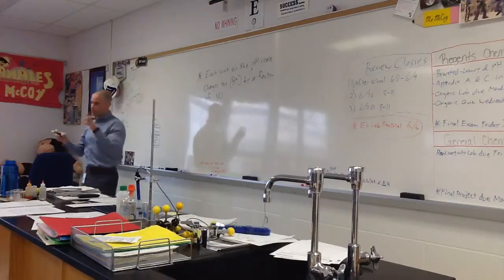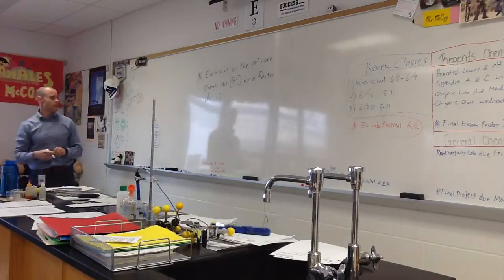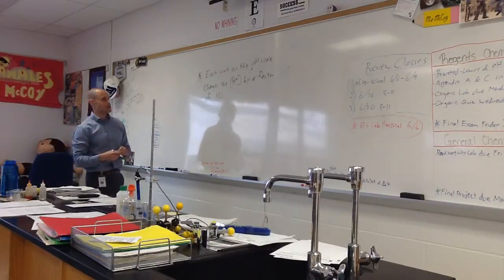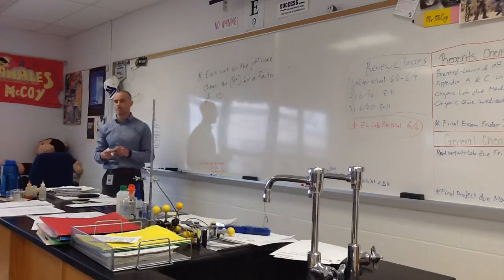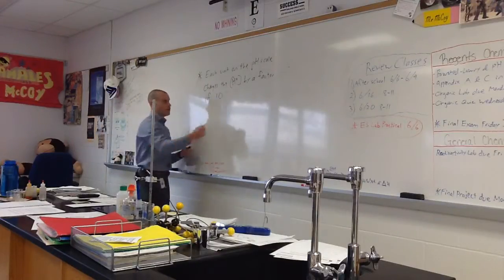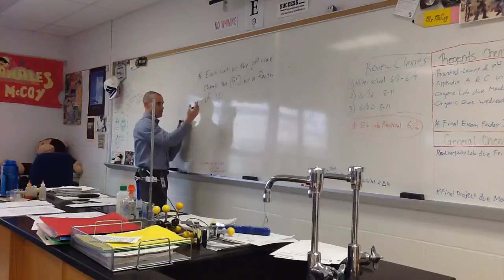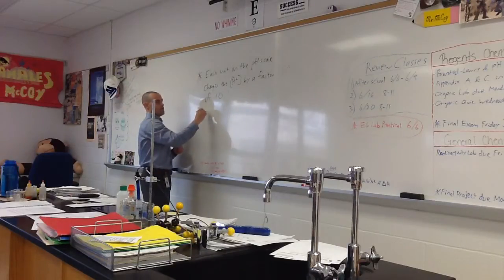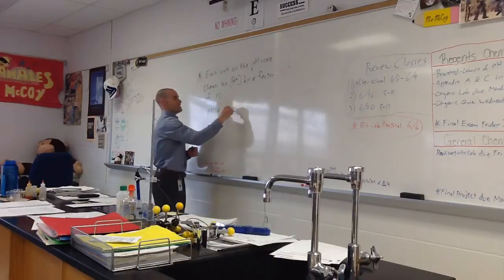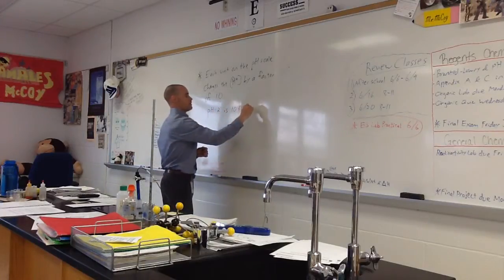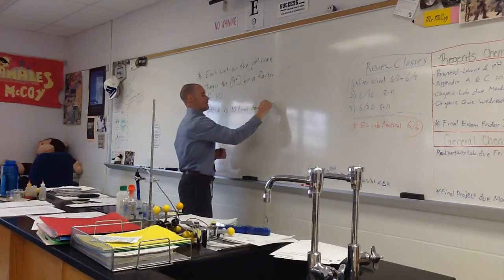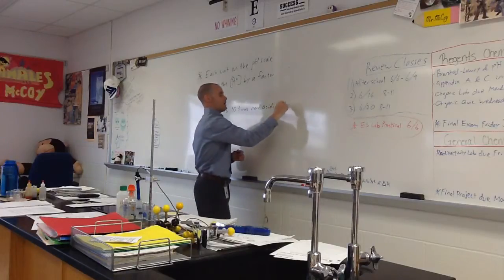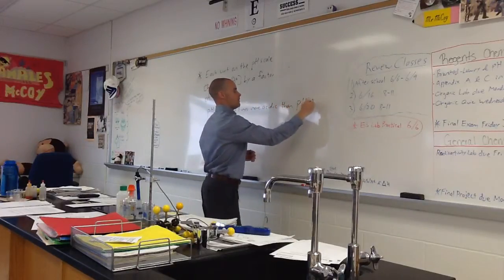That's kind of like the book way to say it. Each unit on the pH scale changes the H plus concentration by a factor of 10. So what does that mean? Let's get an example. This means a pH of 2 is 10 times more acidic than a pH of 3.